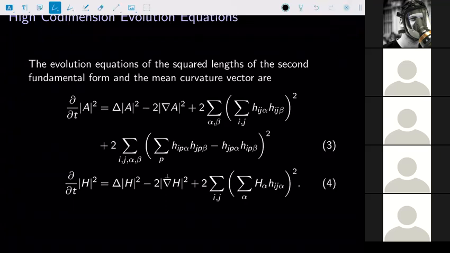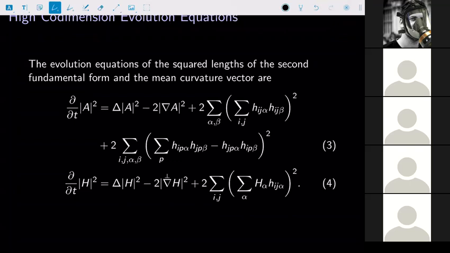However, what you can do is ask for another condition, and this condition will be a relationship between A squared and H squared. Here we're going to look at the evolution equation for A squared and H squared. And you can see that it has a nice kind of structure.